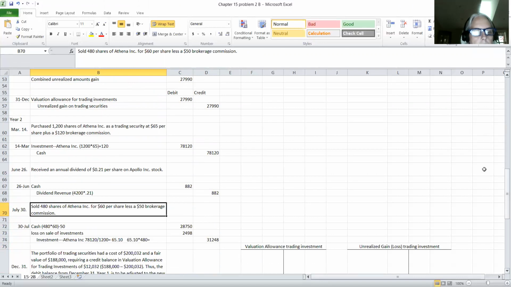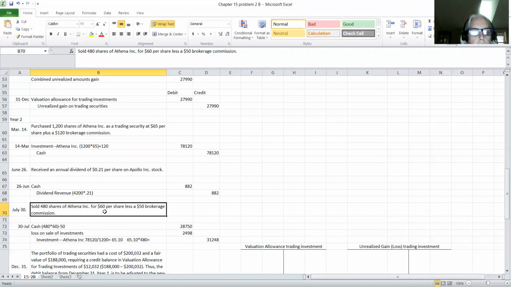And the Athena Company stock that we bought came from the transaction on March the 14th. We had 1,200 shares of Athena stock originally that we bought. So we only sold 480 shares of stock.